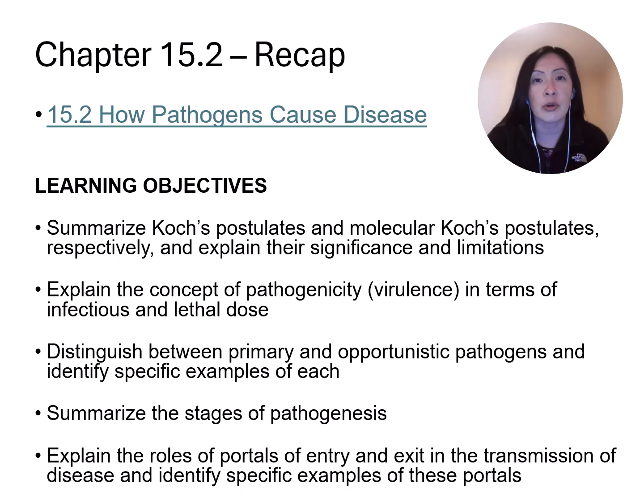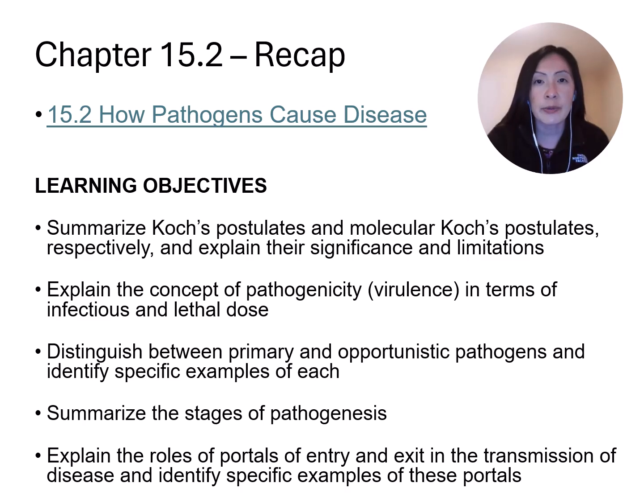This is the number of organisms or toxins, etc., needed to infect 50% of hosts. Whereas the lethal dose is the LD50. That was the number of organisms or toxins or viral particles needed to kill 50% of hosts. And a lower LD50 or a lower ID50 indicates a more virulent organism.